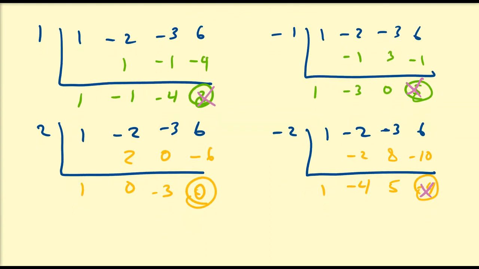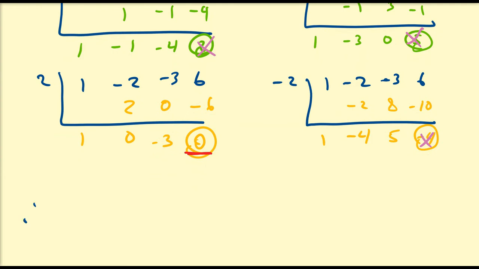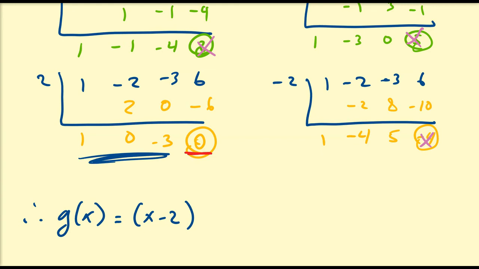So now we see that 2 is a 0 for the polynomial. So what does that mean? So that means our function g of x is going to be equal to x minus 2. Remember, if 2 is a 0, x minus 2 is a factor. And this is going to be our quadratic to be considered. So we can have x squared plus 0x minus 3.